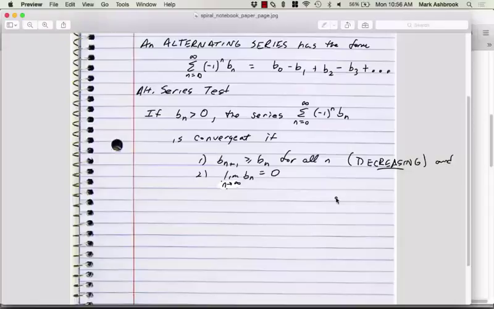Okay, so the first thing you have to see here is, the sequence b_n is not alternating, right? We're making it alternating by putting the negative one ahead. But this b_n is not alternating.